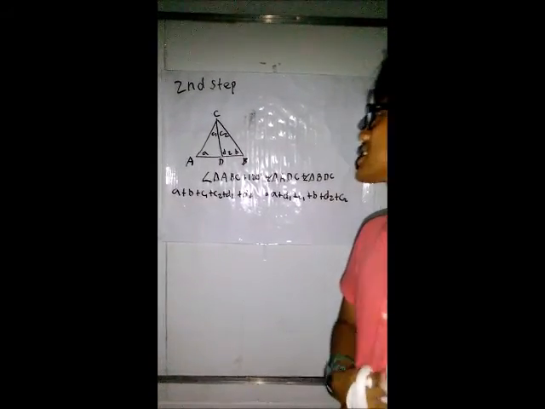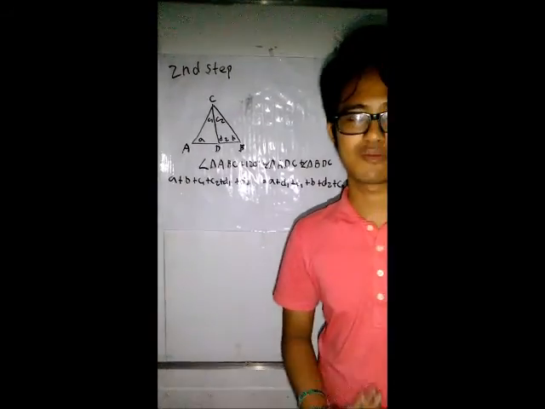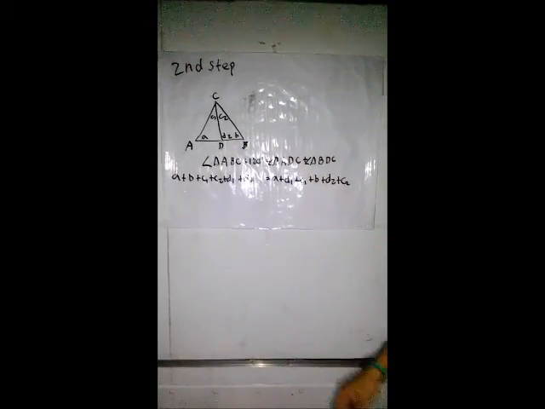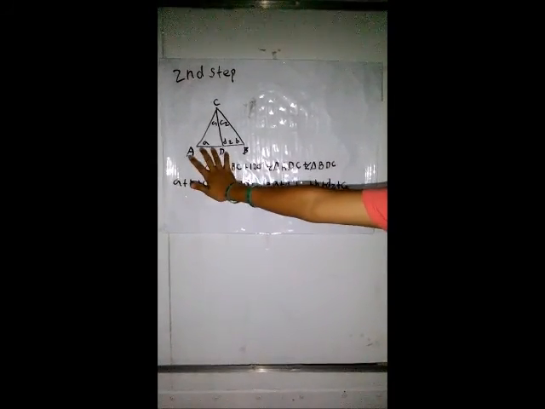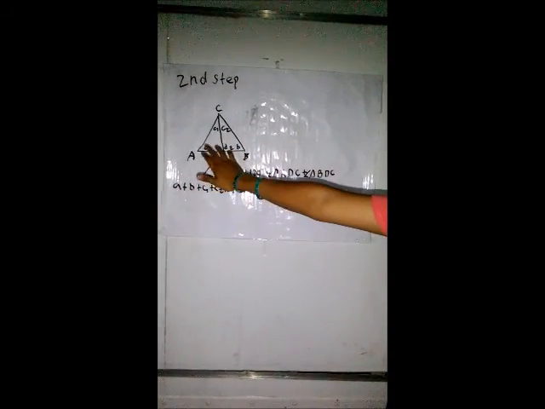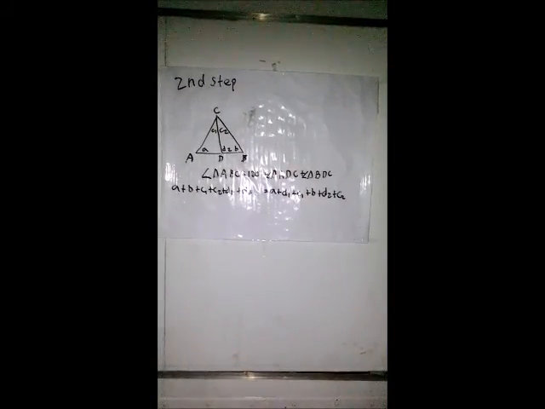Okay, this is now the second step. We need to remember this step because it is one of the important steps to prove the Saccheri-Legendre theorem. So, given triangle ABC and a point between A and B, then we have angle A, C sub 1, C sub 2, D sub 2, and B. Oh, I forgot, add angle D sub 1.